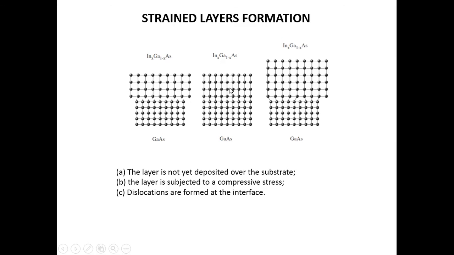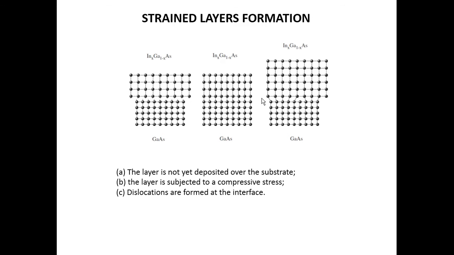When these two dissimilar materials are joined together at the interface, the lattice structure formed at the heterojunction is like this. At the interface junction, stresses are developed. There will be compressive stress at the interface of the materials joined.